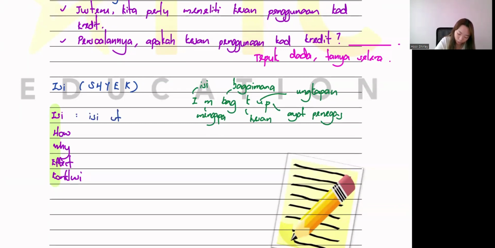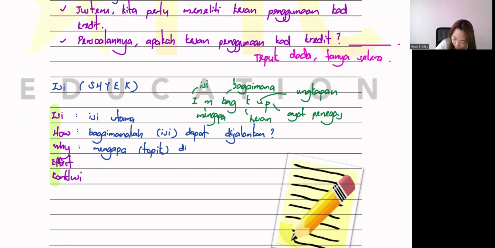The isi utama, you will need to explain. Then explain a bit how this isi dapat dijalankan. Bagaimanakah isi dapat dijalankan? And explain the reason. Mengapa topik dipentingkan or diabaikan, or why these issues would happen?